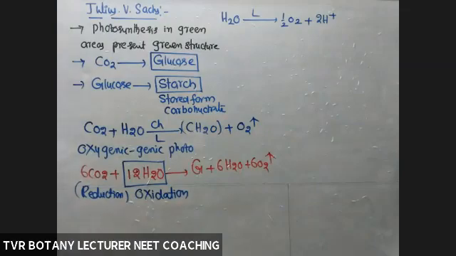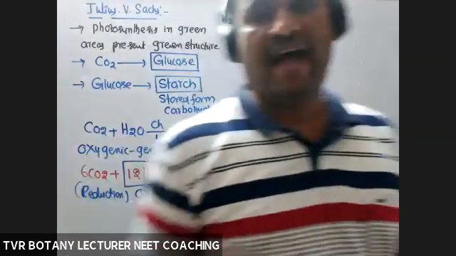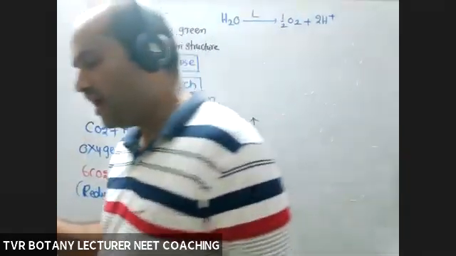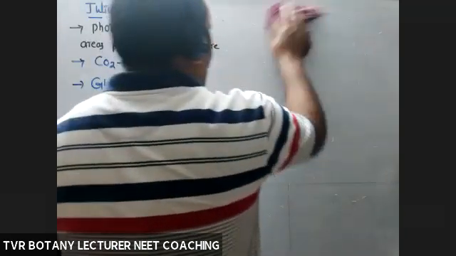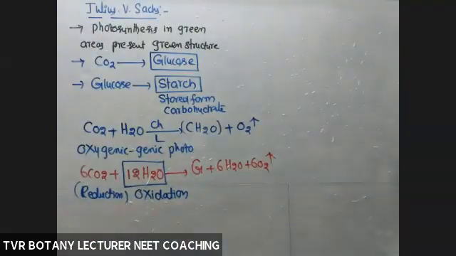So in oxygenic photosynthesis, the donor of hydrogen atoms to reduce C of CO2 is the H2O molecule. What about the fate of H2O undergoing oxidation during light reaction? We can understand that at the time of mechanism of light reaction, not now. We'll see that later. So that's about oxygenic photosynthesis.